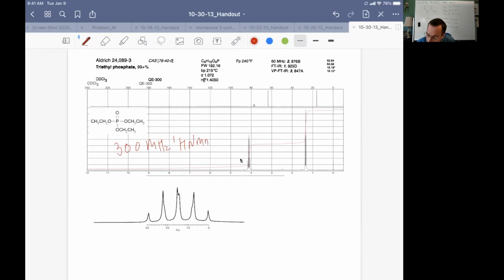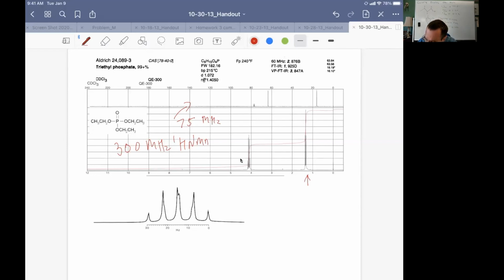And then you have the carbon NMR spectrum taken on the same instrument, so it's the same 70,500 Gauss magnet. And those are 75 megahertz carbon NMR spectra. So in the NMR spectrum of triethylphosphate, we see a nice big typical methyl triplet, no great surprises there.